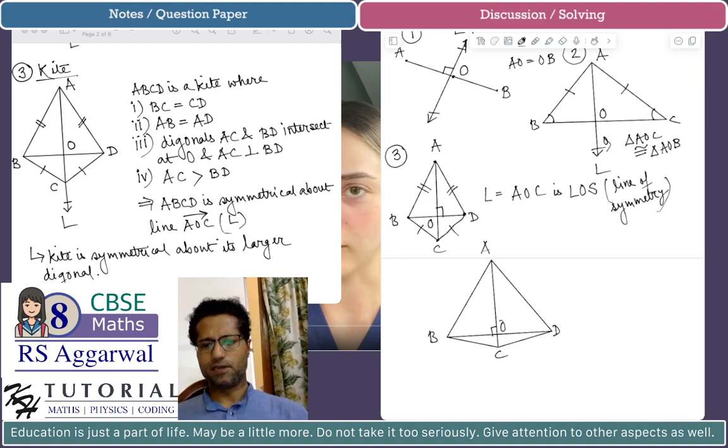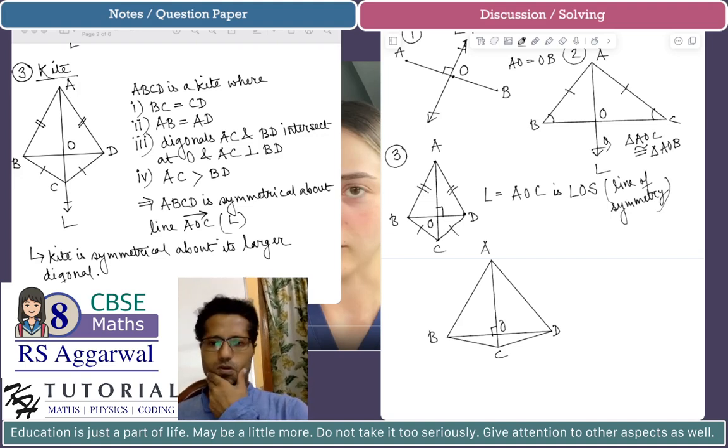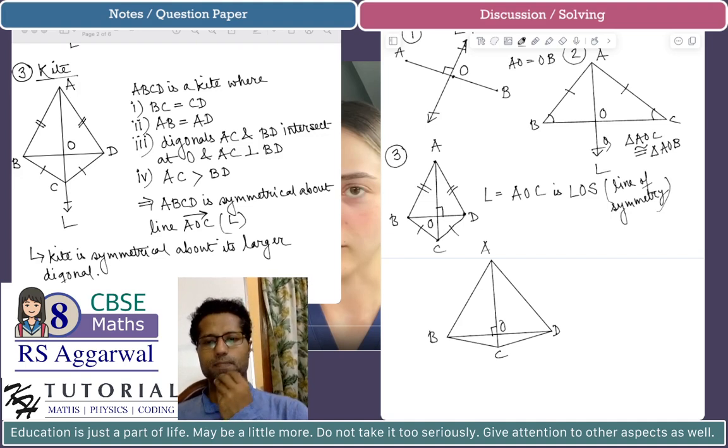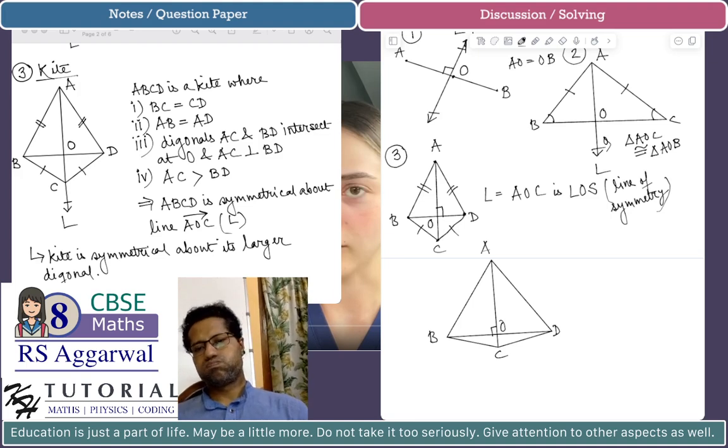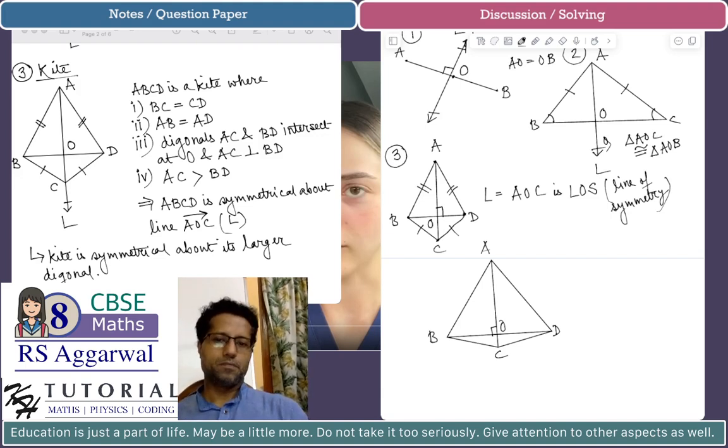Now why AC? Why not BD? Clearly, because the smaller sides, we can clearly see AC and BD.